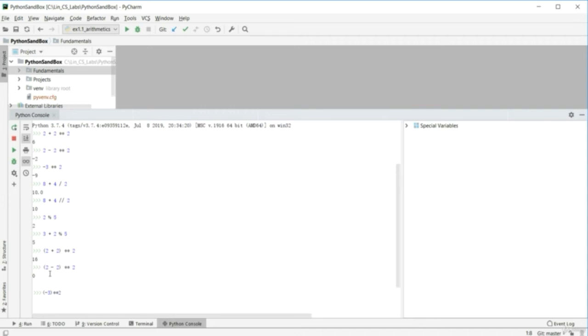We know all numbers raised to the power 2 will just give you the absolute value. So in this case, it should be 9. And then what about the next one? 8 plus 4, then divided by 2. Now, it's doing 8 plus 4 first, 12, divided by 2, should be 6. Correct.